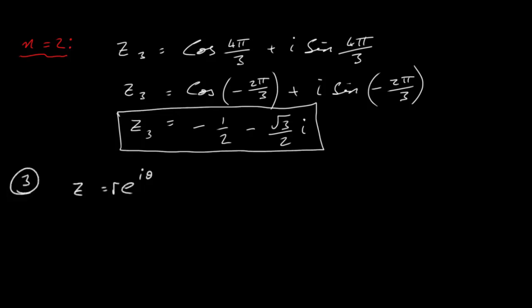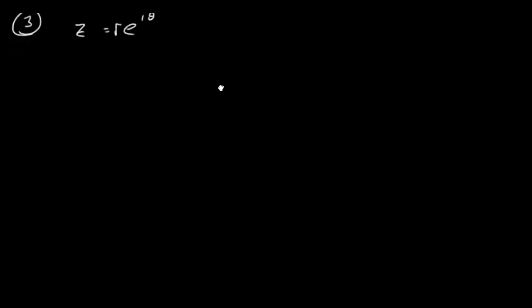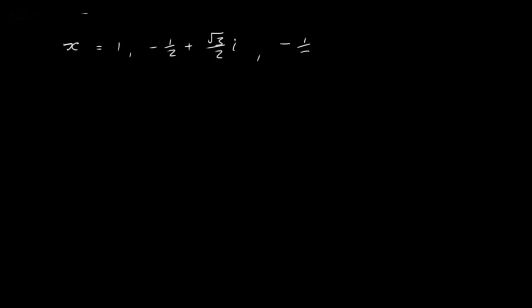Let's just have a look at our three solutions again, and we'll look at the properties of these three solutions. So our three solutions for x were 1, minus a half plus root 3 over 2i, and then minus a half minus root 3 over 2i.